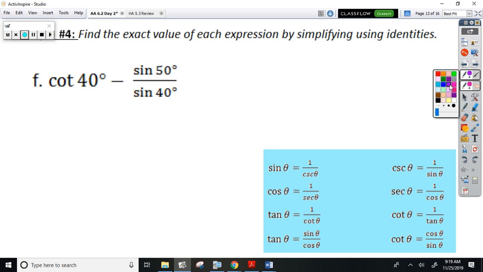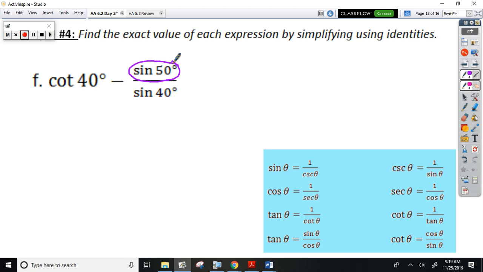Okay. Which angle should we change? No, look at all the angles. Change the 50. That way you don't have to change both 40s. So if you have 3 or 4 angles, you only pick the 1 that's going to change.